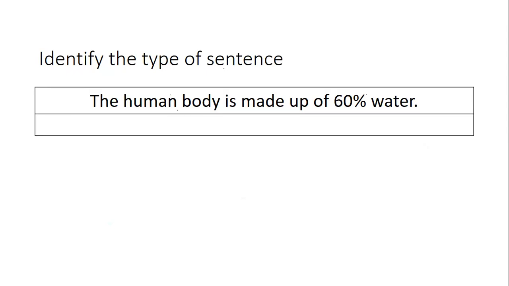For example, the human body is made up of 60% water. Obviously, it is a declarative, positive sentence. It is a declarative, assertive sentence. It is a universal truth. That's why it is a declarative, assertive sentence.